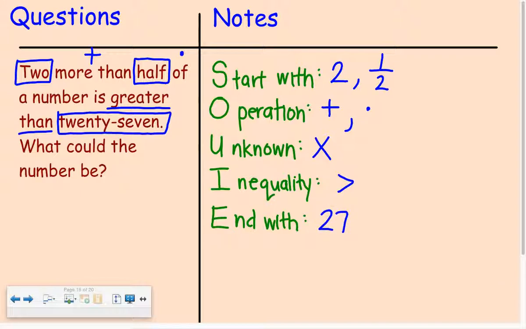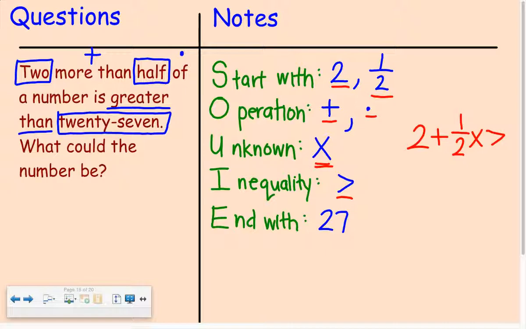Let's try and write an inequality. I always still read from left to right my original problem when I'm writing my inequality. So don't just use what we put down for SOUIE. That just kind of helps us organize our information. So 2 more than half of a number: 2 plus, so half times a number, so 1/2 x is greater than 27.